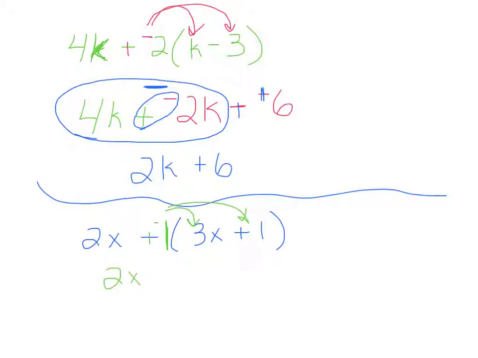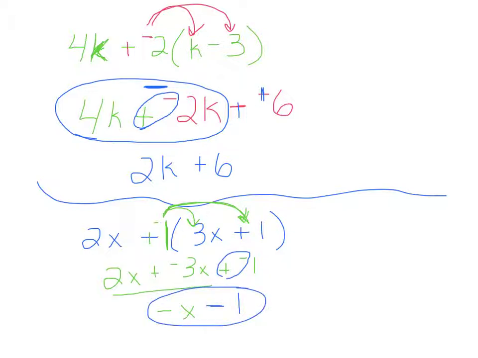So I get 2x plus a negative 3x plus a negative 1. Remembering to distribute negative 1 times positive 1. 2x minus 3x gives me negative x. And then with the plus and negative becomes a minus 1. So my answer is negative x, the opposite of x, minus 1.